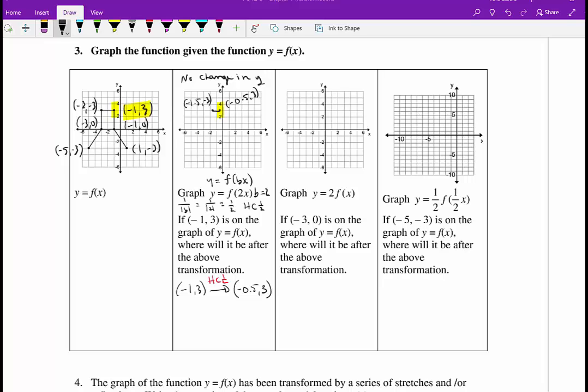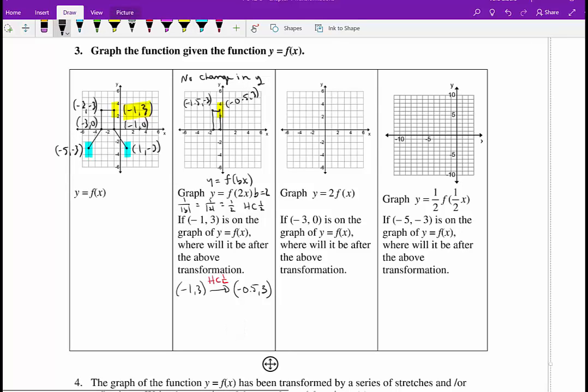So the first point is 1 away, it will now be a half away right here, and the second point is 3 units away, so now it's going to be 1.5 units away, and we can join our points now.